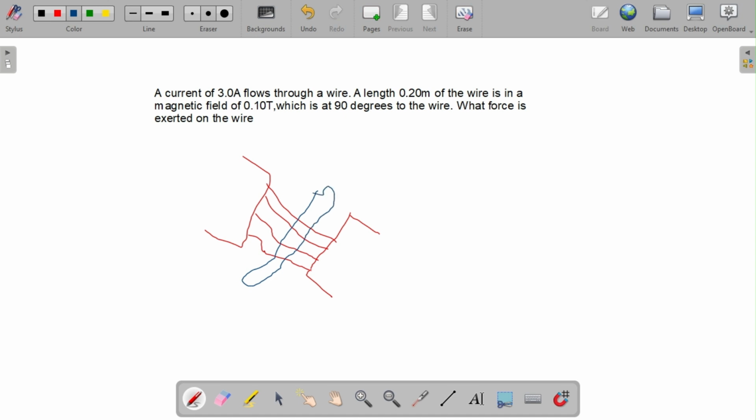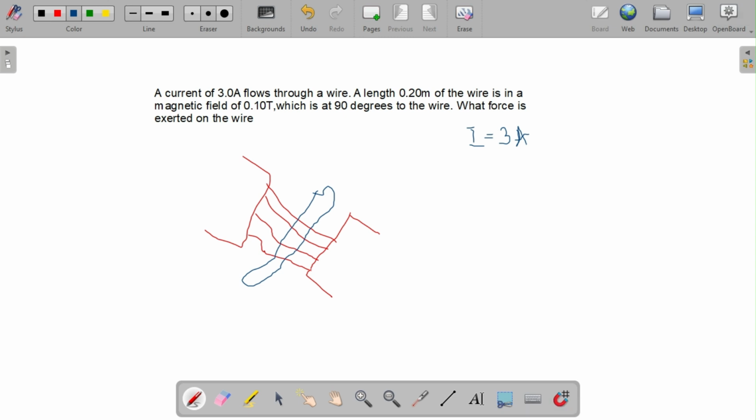So if I have this, what comes to mind, of course, in physics, is you write out your parameters. Your current, I, equals 3 amps, which is easy. I state other parameters.